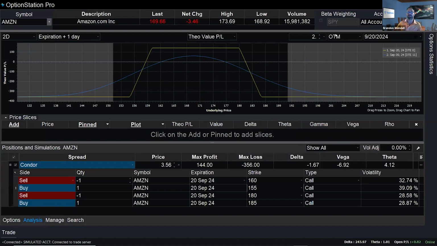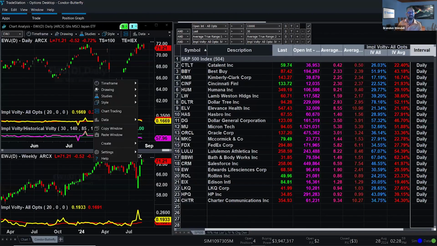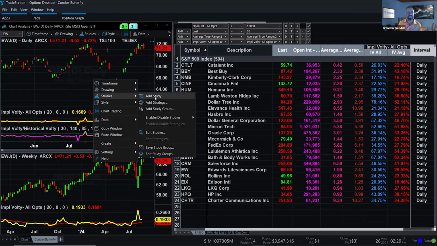You can even take a look right here, out of the money, 2 standard deviations, and use some probability measurements there. And there are other tools you could use in TradeStation to identify probability of where prices will likely be in the future. There are actually some visuals you could do as well. I know there's a study.